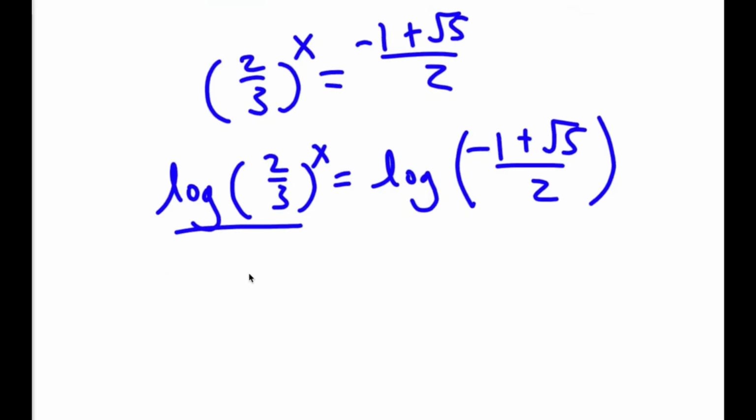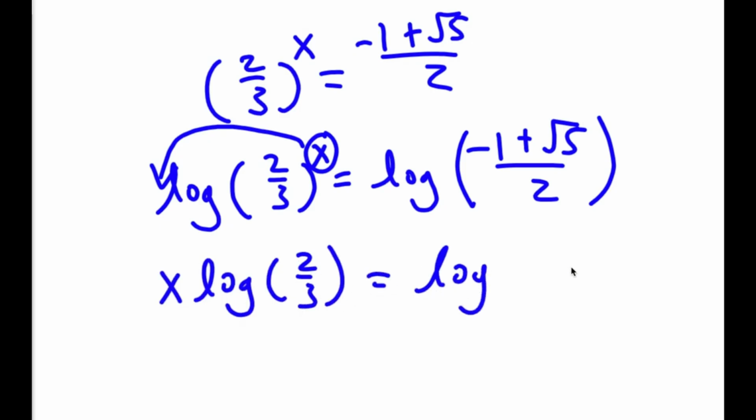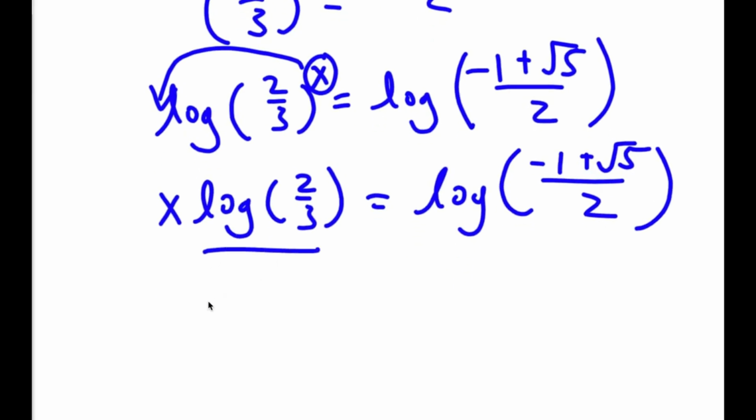Now, before I divide both sides, I can move this exponent x to the front of the logarithm. So now I have x times log 2 over 3 is equal to log negative 1 plus the square root of 5 over 2. Now I can divide both sides by log 2 over 3.